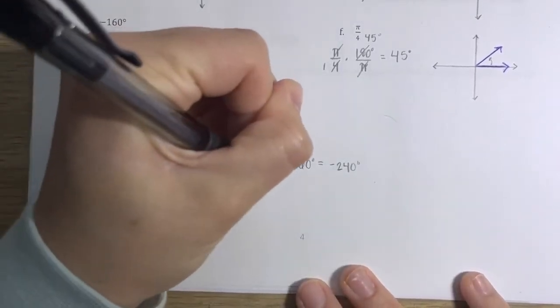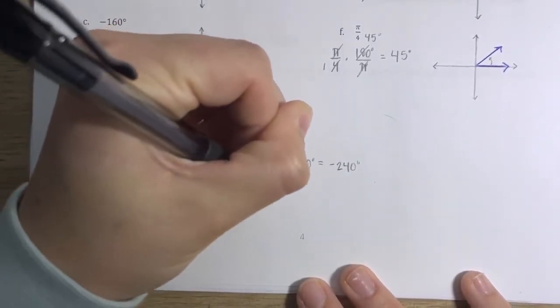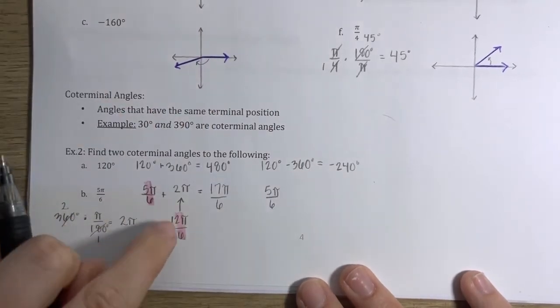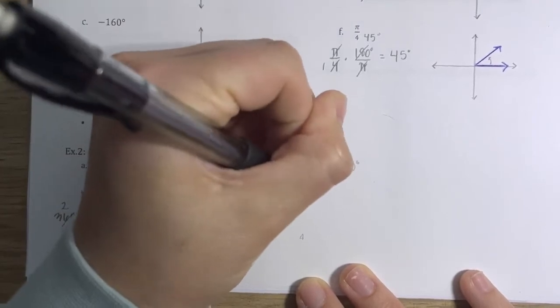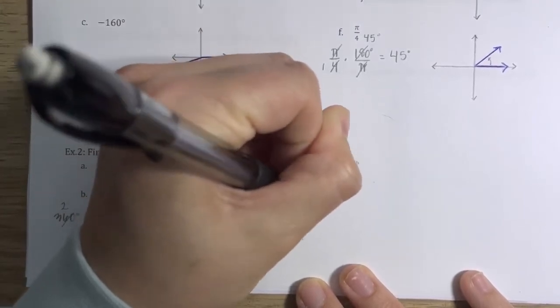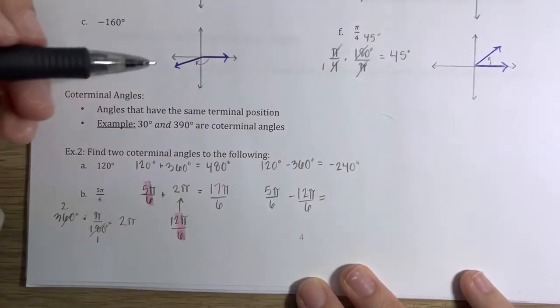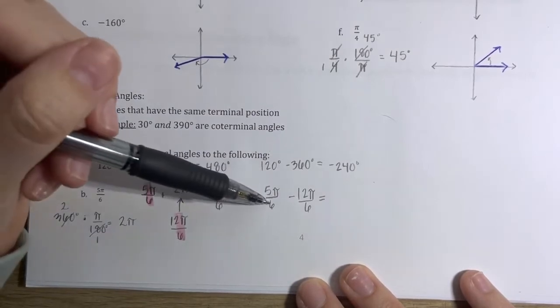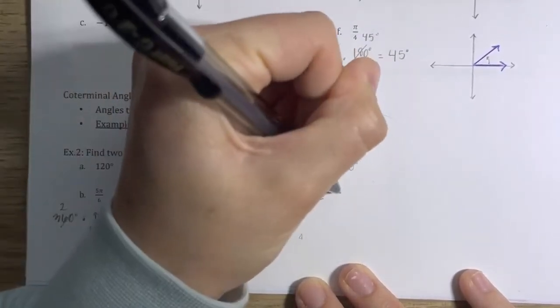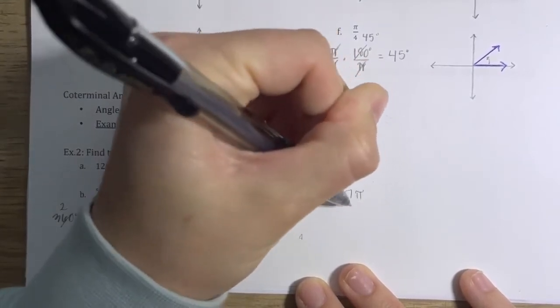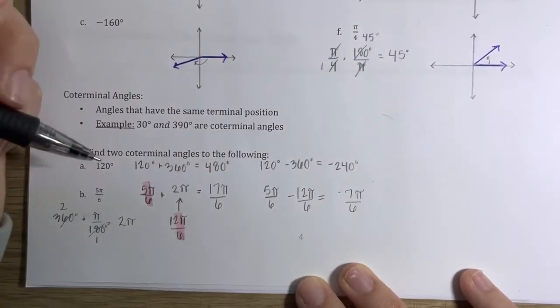So I'm going to take 5 pi over 6 and subtract 2 pi, or subtract 12 pi over 6. Those are the same. So 5 pi over 6 minus 12 pi over 6. 5 pi minus 12 pi is negative 7 pi. And then over 6.